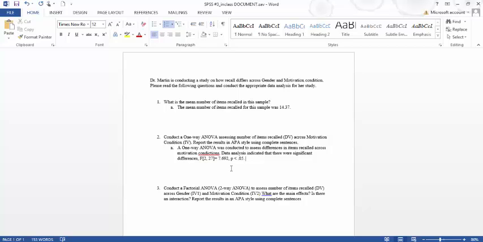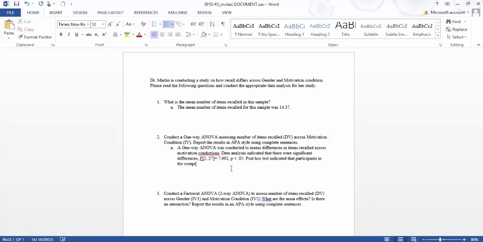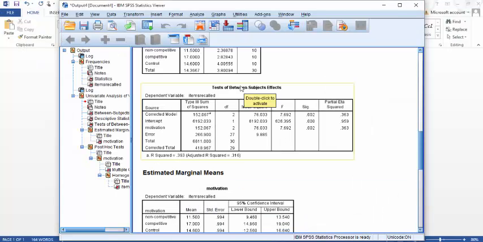Since it was significant, we also need to indicate where that significance was. So we're going to say that the post hoc test indicated that participants in the competition group scored, and we quote the mean, the mean number of items they recalled. Going back to the table, the competitive group recalled 17 items on average.